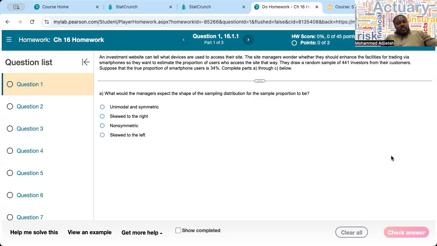For example, when you have a bell curve this way, unimodal means that it only has one peak. This has one peak. And symmetric means it's like a bell shape. It's not skewed. And this is what the sampling proportion looks like. So that is unimodal and symmetric.